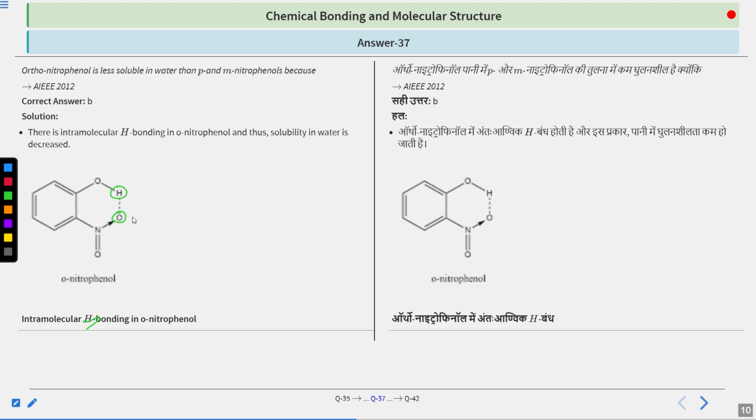As a result, when you dissolve it in water, the interaction between the water and the orthonitrophenol is disrupted and its solubility decreases.